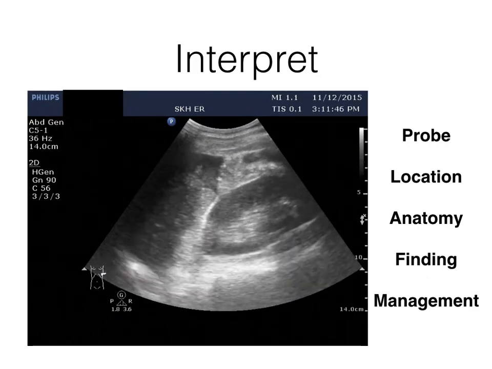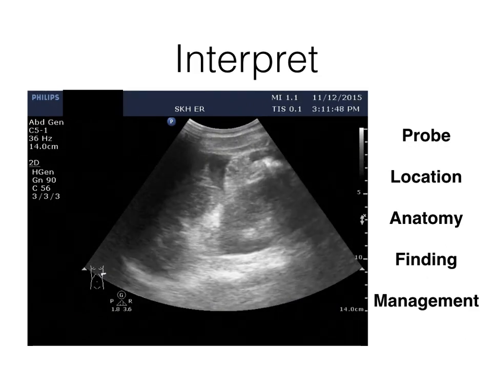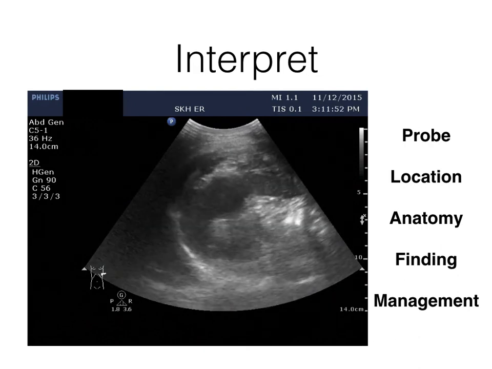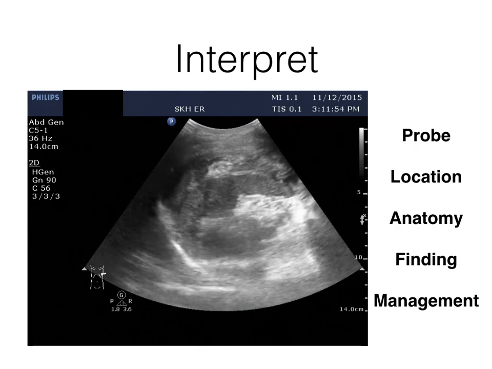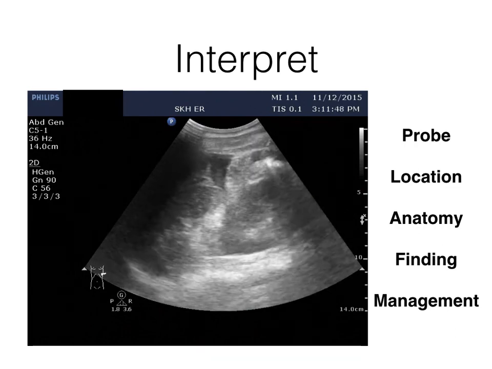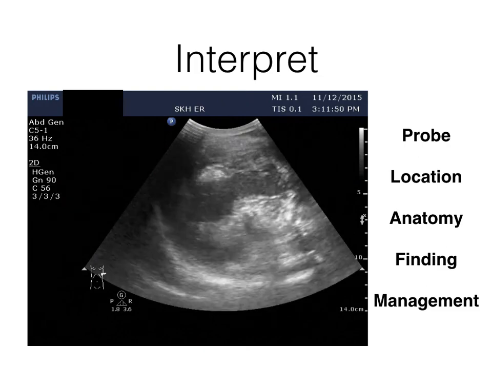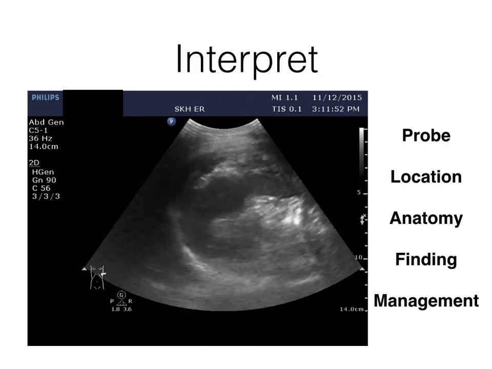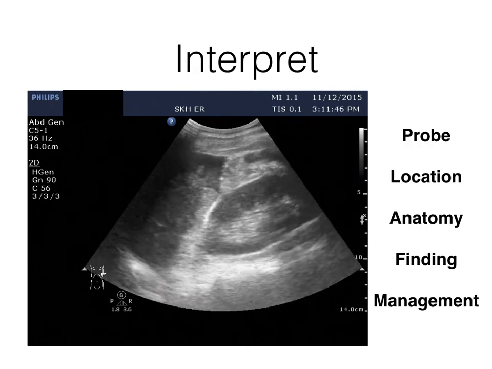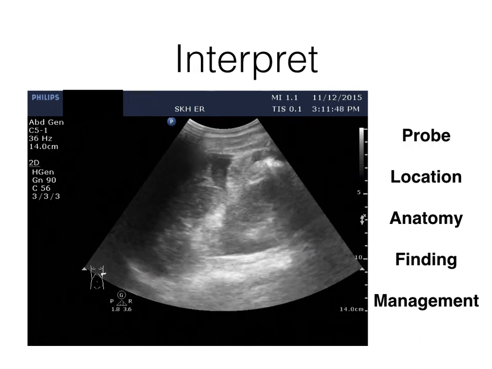Now, based on standard procedure, we should check the other side. What do you see? The diaphragm, right? Do you see free fluid? A lot of fluid. Minimal. Minimal. So, this is fluid.